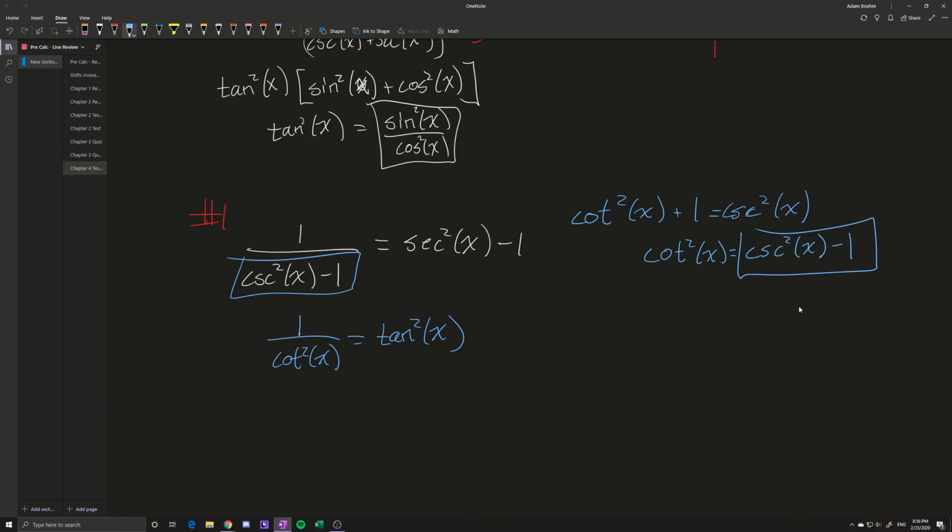And we know that tangent squared of x from our other Pythagorean identity is equal to secant squared of x, and if we rearrange this by subtracting 1 on both sides, we get secant squared of x minus 1.